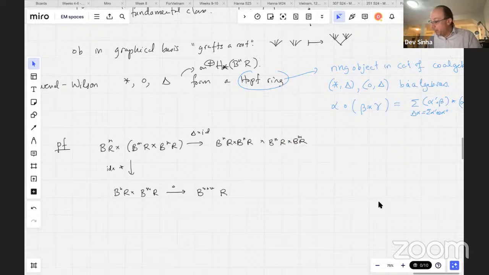And then, of course, you need to rearrange things. I won't put that reordering step. Right, we multiply each of these.